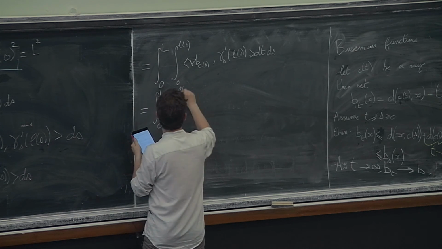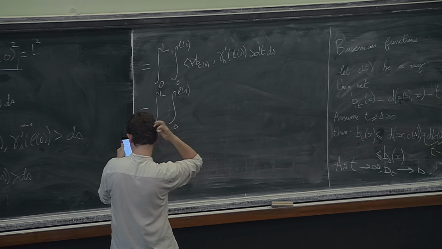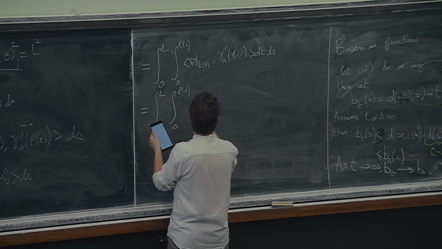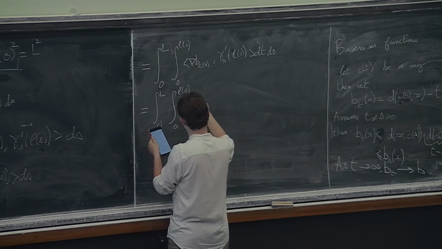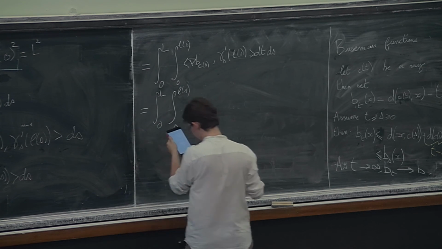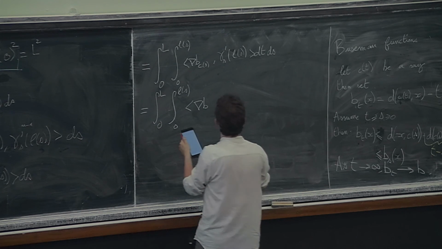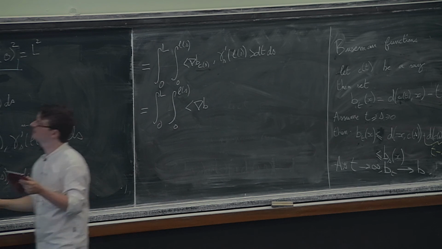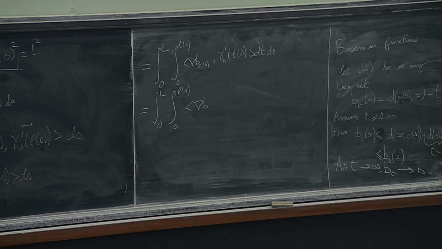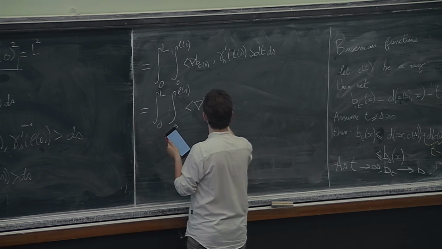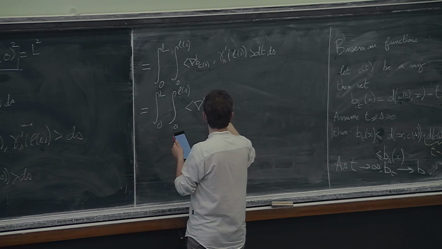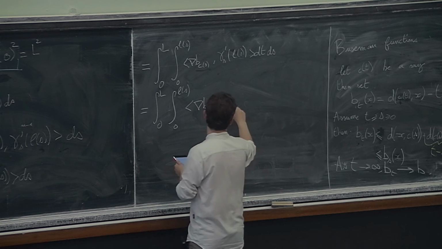So 0 to L of S. Yeah, I'll just do that. So gradient B computed at C of S, what is that? It's gamma S of little l of S. And here I will replace that by gamma S of C of t.